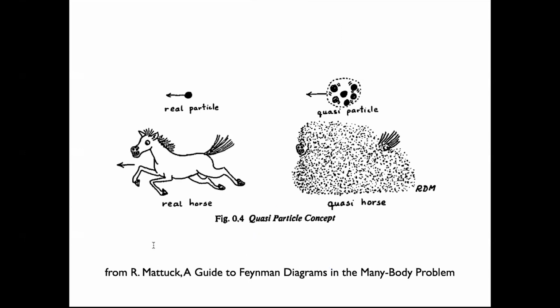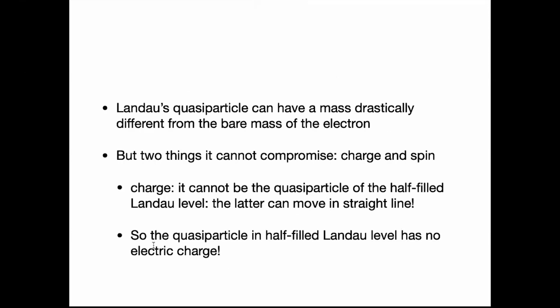In one textbook, they explain the notion of quasi-particle like this. This is a real electron, and this is a quasi-particle. And you can see some things that can identify this quasi-particle with the original particle. What are these things usually? A Landau quasi-particle can have a mass that is drastically different from the bare mass of the electron.